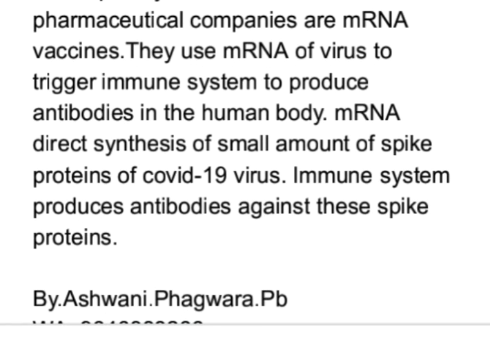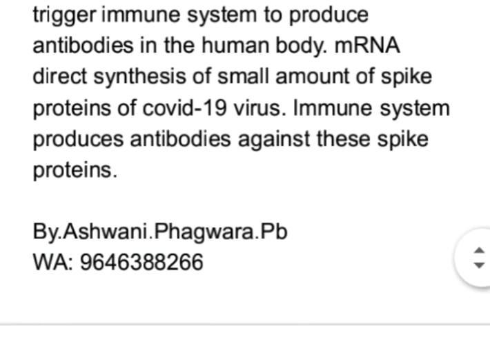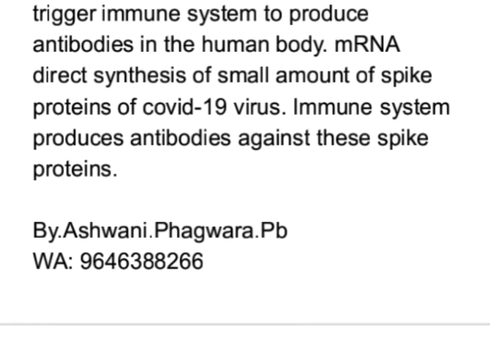So it produces a small amount of the spike proteins, and when these are produced, the human immune system will produce antibodies against them. These antibodies prevent the penetration of the COVID-19 virus into the human cells. In this way, this vaccine will help protection against the COVID-19 virus.